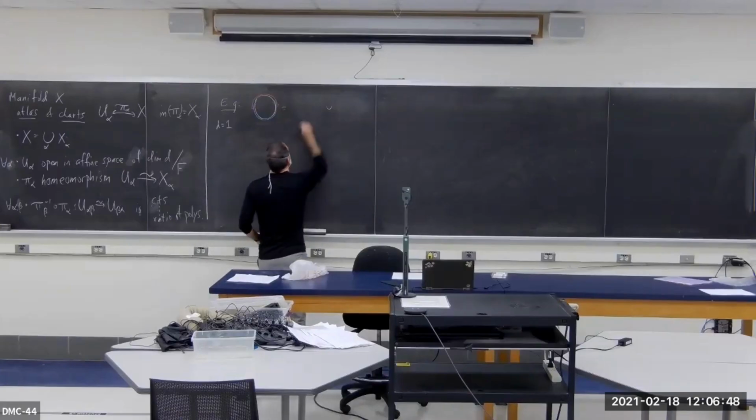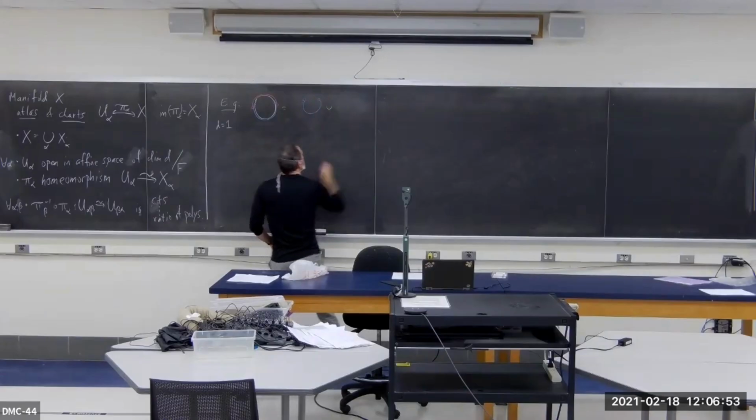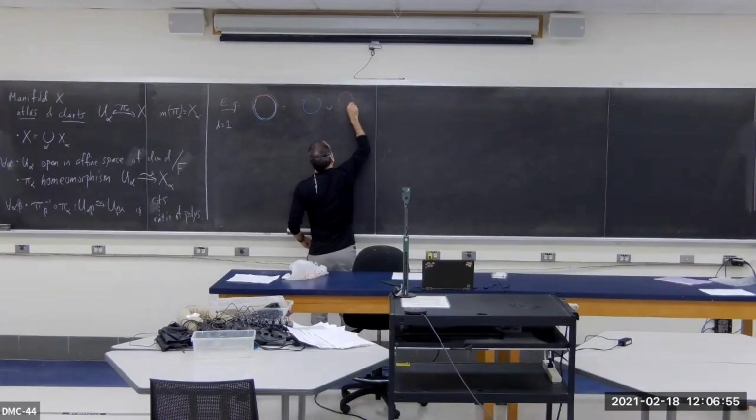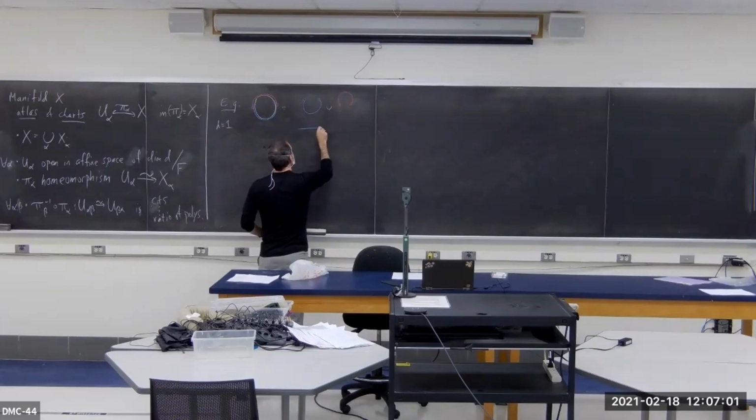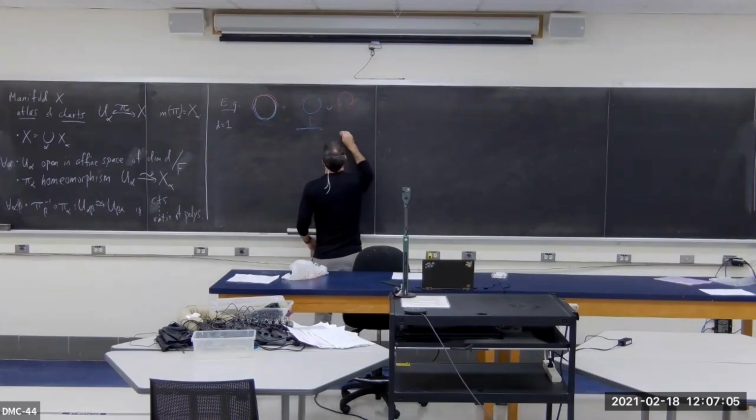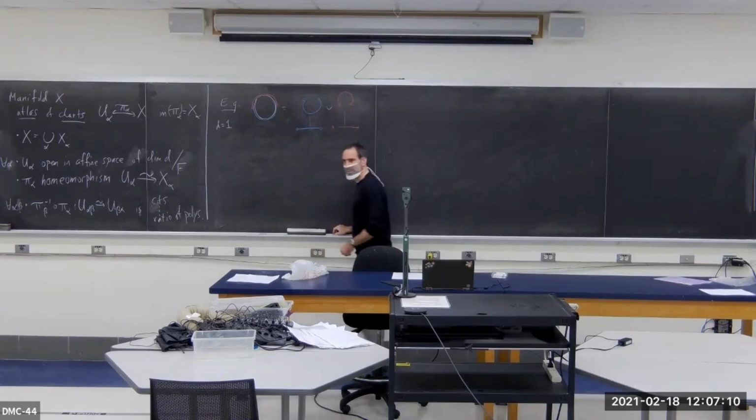So it's going to be the blue one union the red one, like this, right? So there's a map that goes like that, from an open interval to that. There's the map that goes from an open interval here to that one.